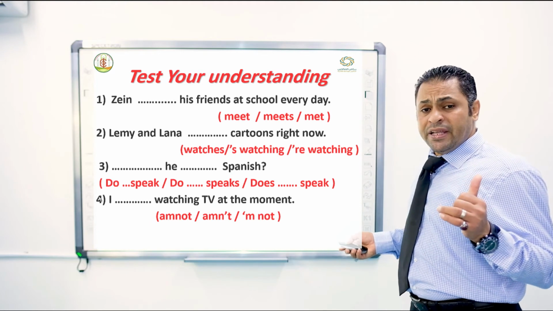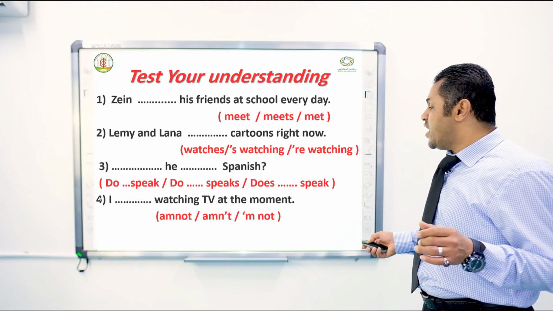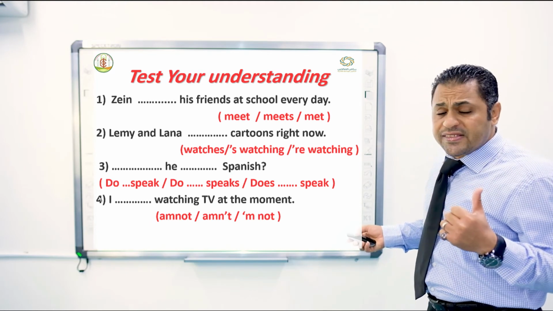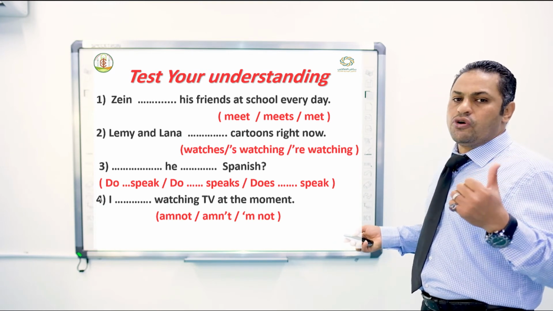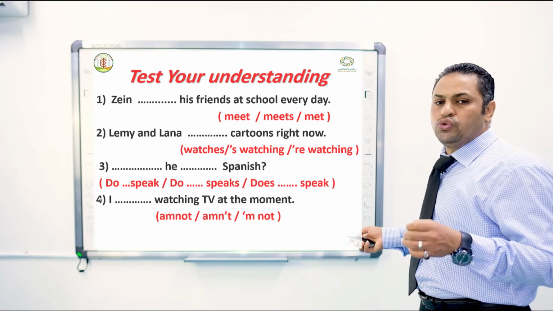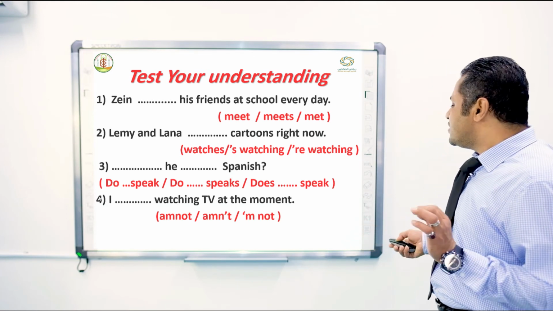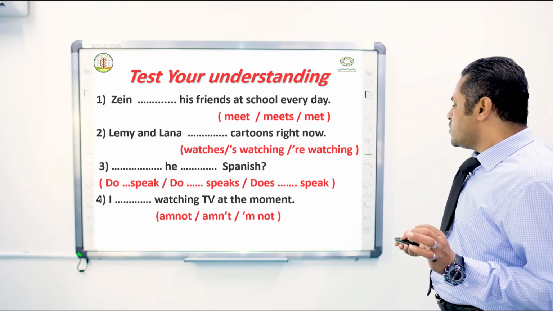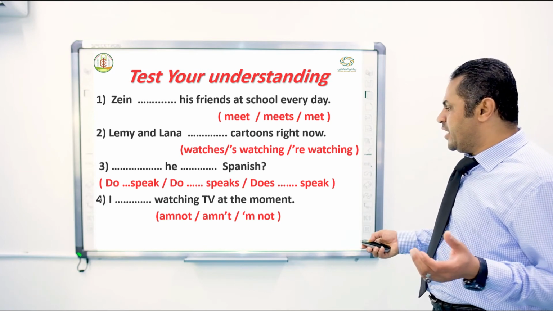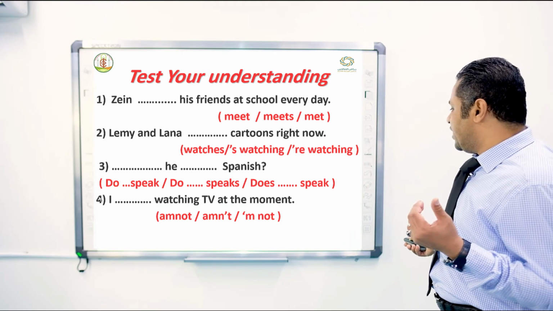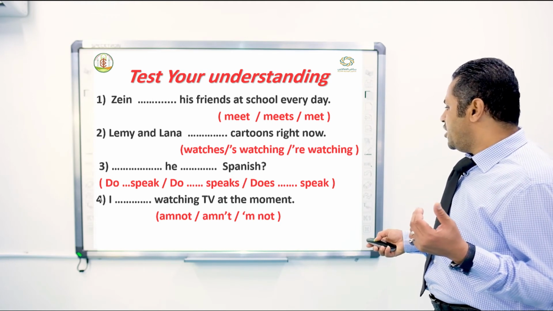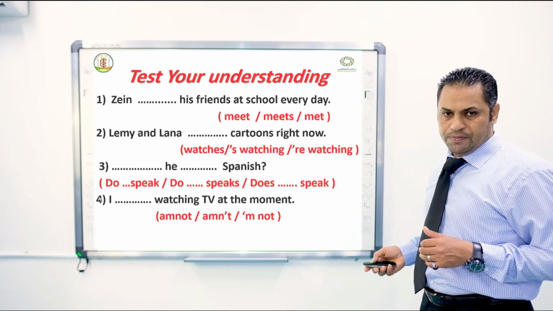The main statement with he has the verb speaks. But when we ask a question, we begin with does and omit the s from the verb, getting back to its infinitive, such as does with speak. So we have does at the beginning and omit the s from the statement to get speak. The answer will be does he speak Spanish.